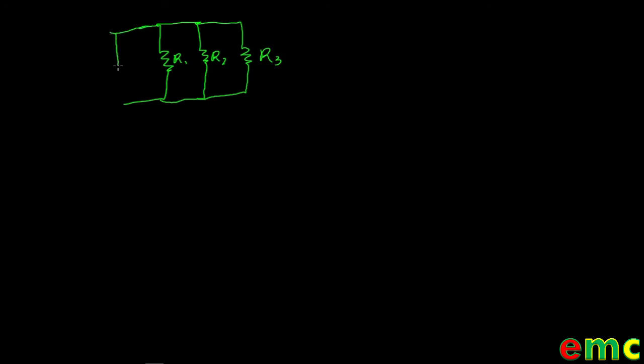Given a parallel connected circuit in this form, we denote the resistors with R1, R2, and R3, all of them connected across a voltage source.